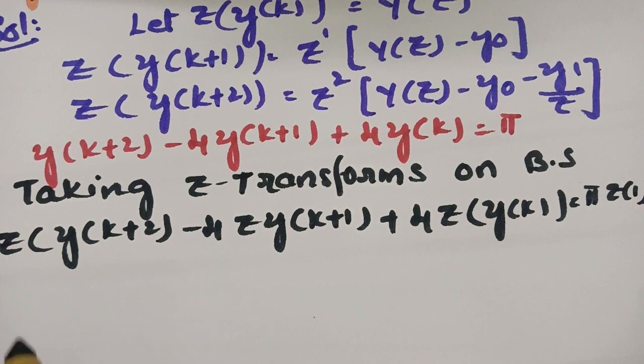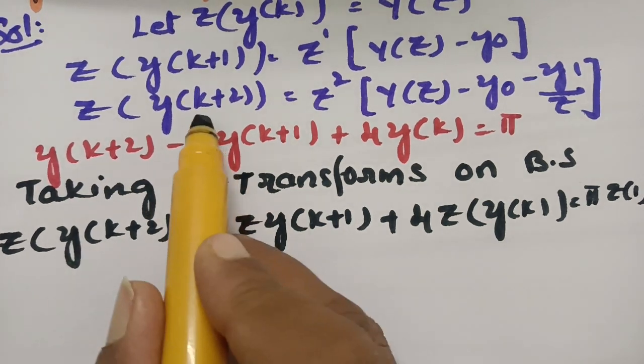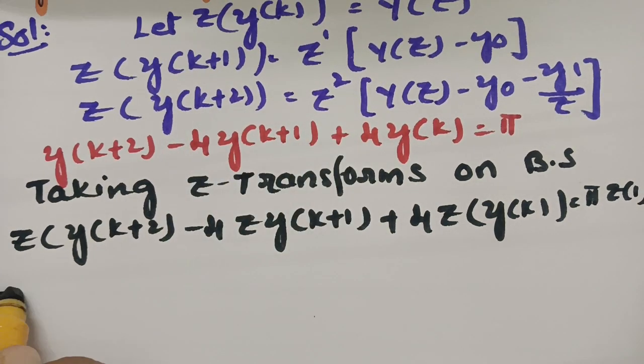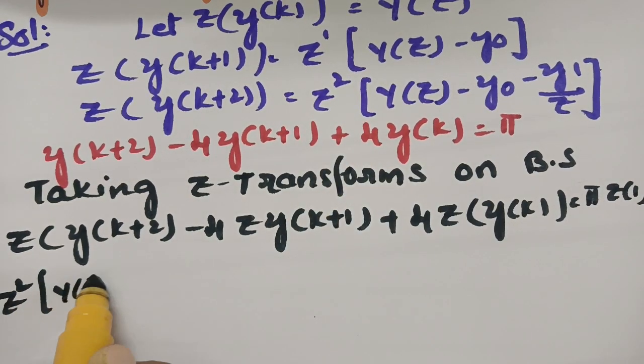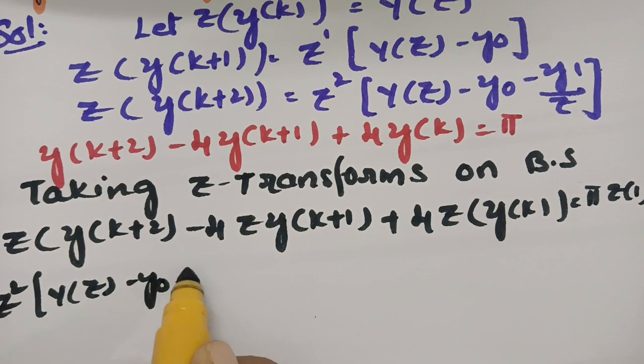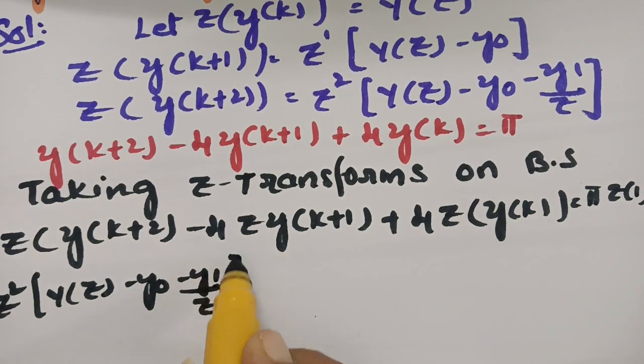And now, the Z transform of y(k+2) can be written as z² times Y(z) minus y0 minus y1 by z. Clear?